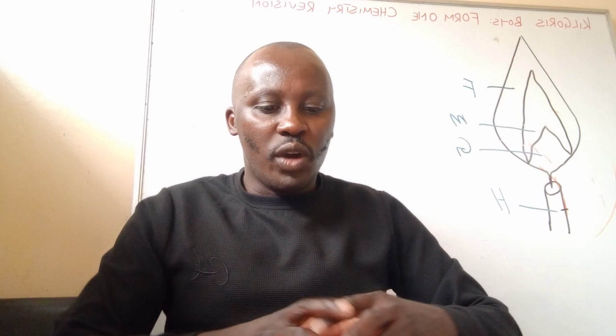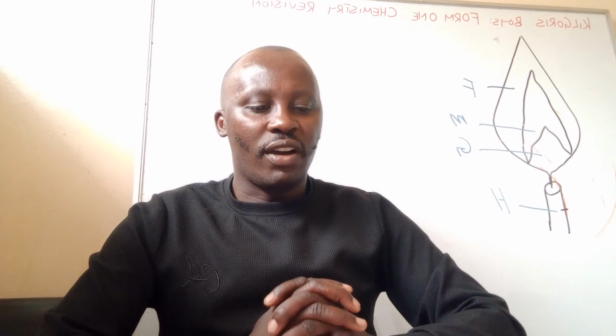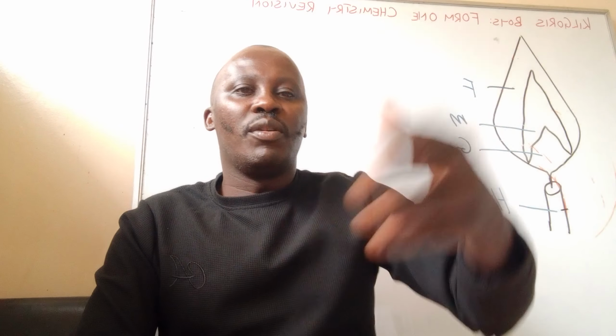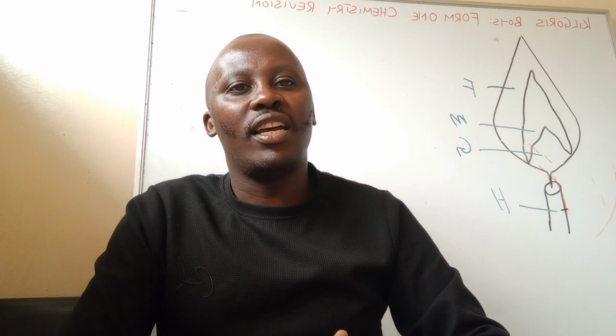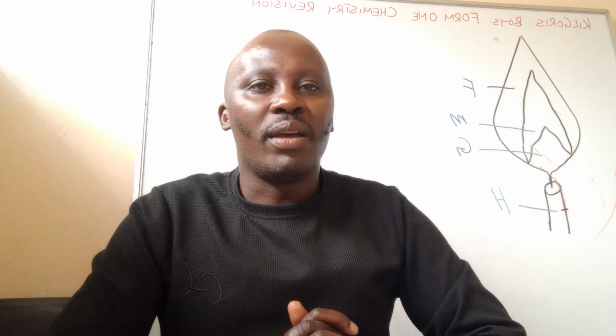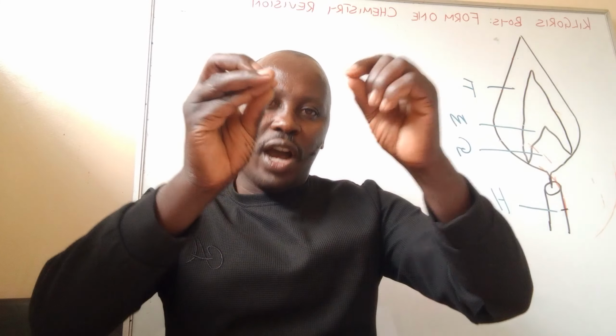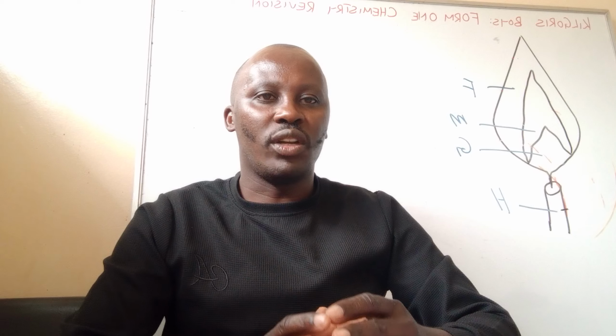Another question: name the other type of flame produced by a Bunsen burner. The other type of flame produced by a Bunsen burner is simply a luminous flame. You have to identify this very well.